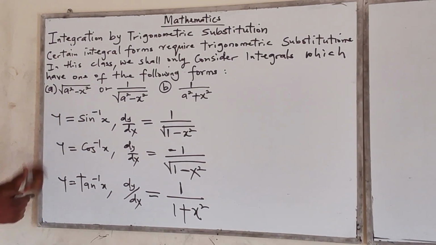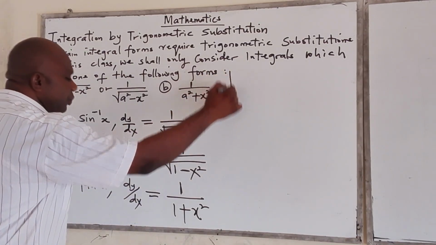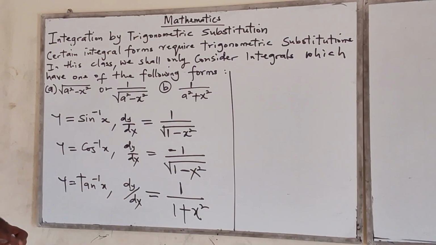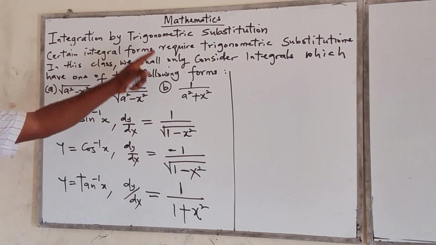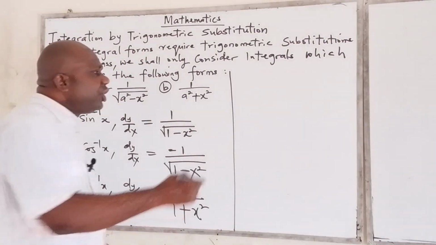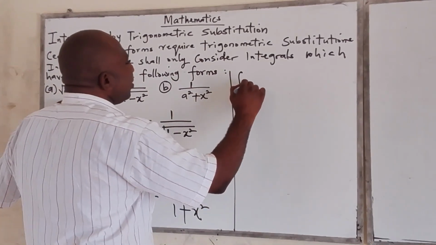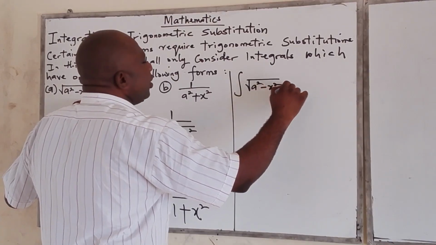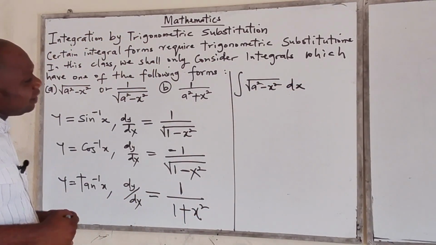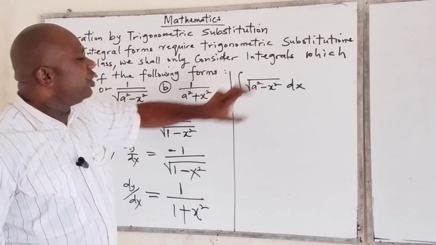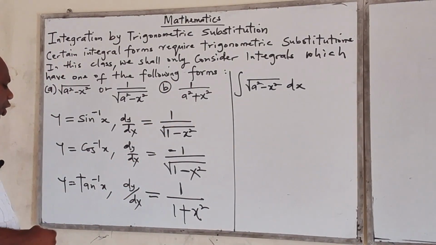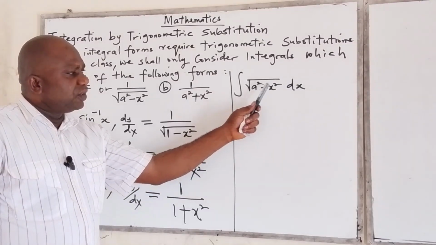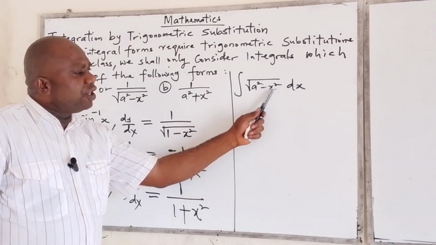Today we are going to be looking at integration of those three functions. Remember we said we are going to be going by trigonometric substitutions. Now, considering the integral of the square root of a squared minus x squared dx. If you look at this particular integrand, you will discover that a is the constant, and x is the variable.